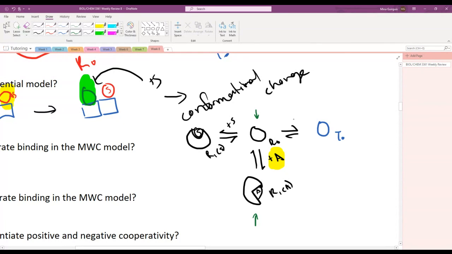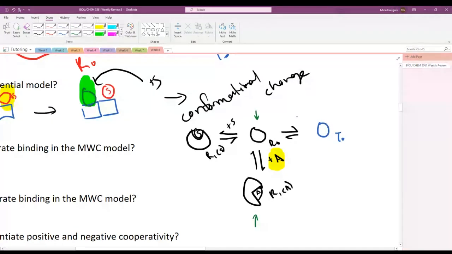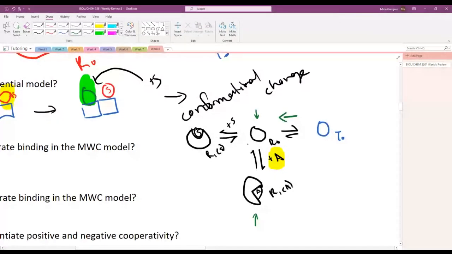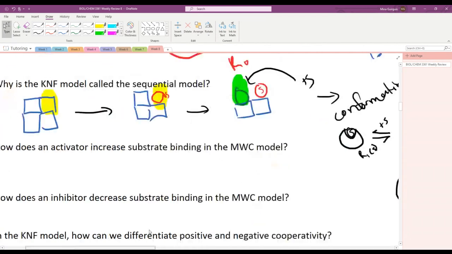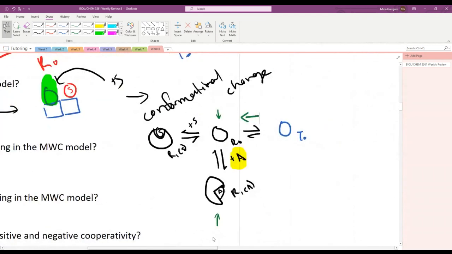In other words, my activator, by decreasing the concentration of R0, is shifting the R0 to T0 equilibrium to the left and causing the formation of more of the relaxed form of the enzyme, which can then bind to my substrate. Okay, so that's how an activator works using the MWC model.